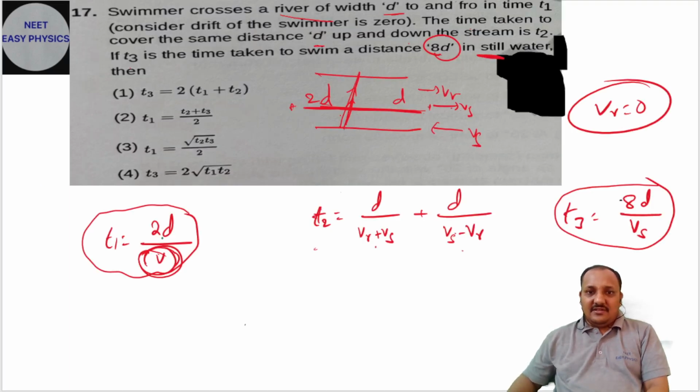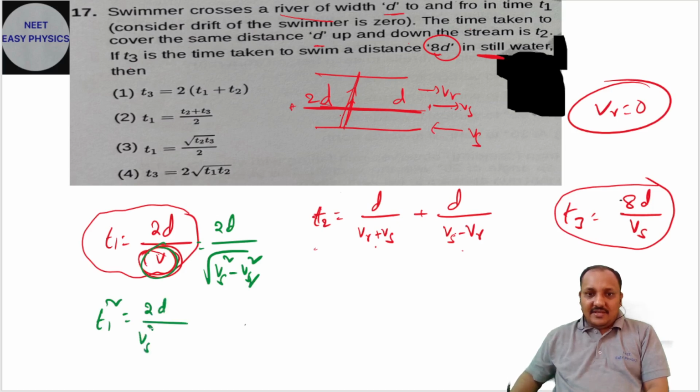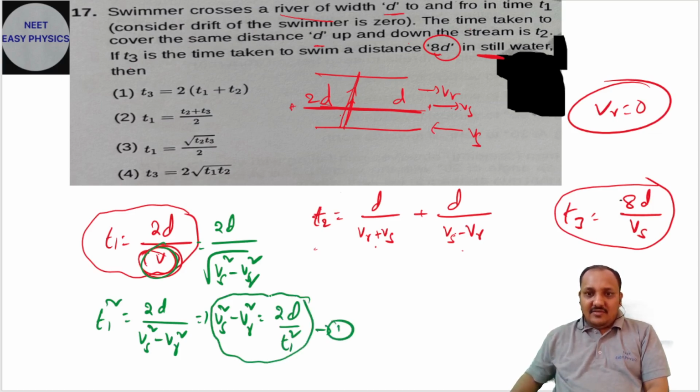That equation you have to write here: t1 equal to 2d by root Vs square minus Vr square. Squaring on both sides, t1 square equal to 4d square by Vs square minus Vr square, so Vs square minus Vr square equal to 4d square by t1 square. Call it equation number 1.